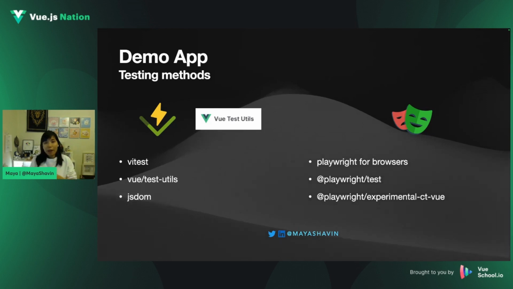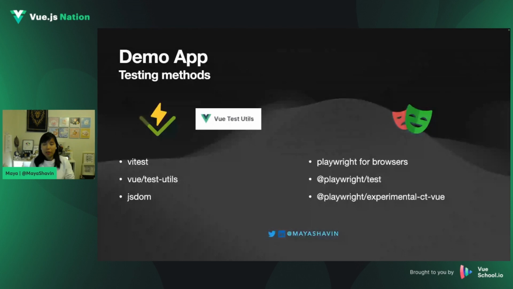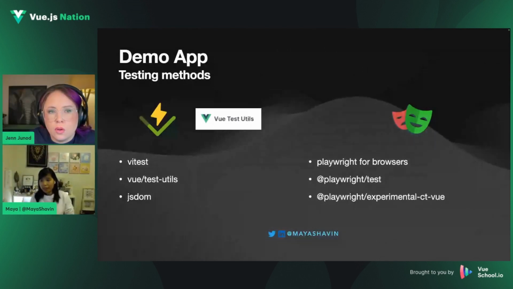And for Playwright, we're going to install Playwright for browser, so that it installs all the browser drivers needed for running Playwright, plus Playwright test, and the component testing Vue package.